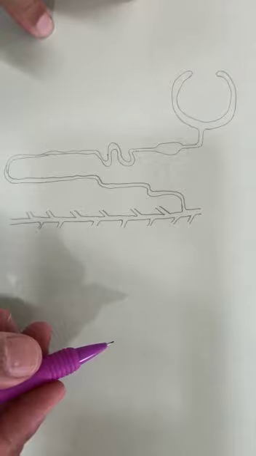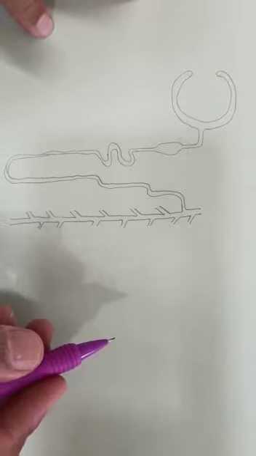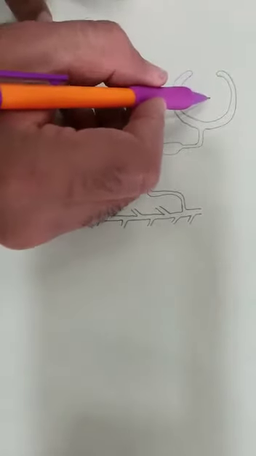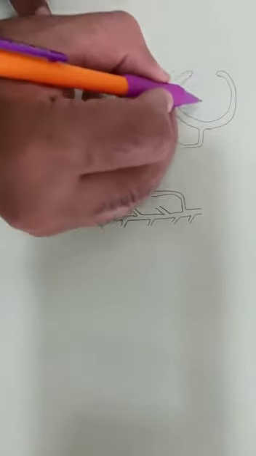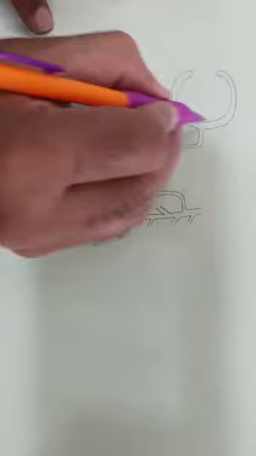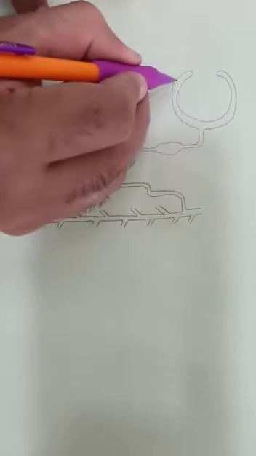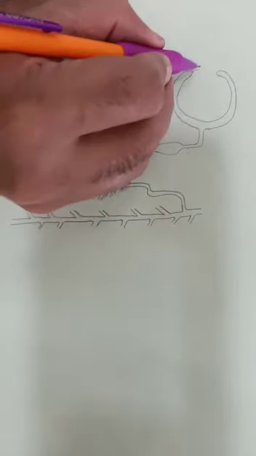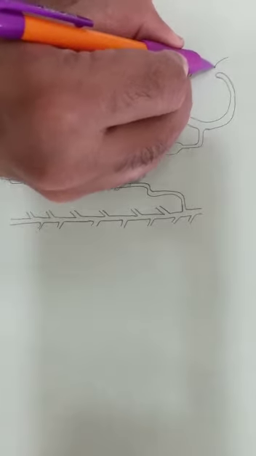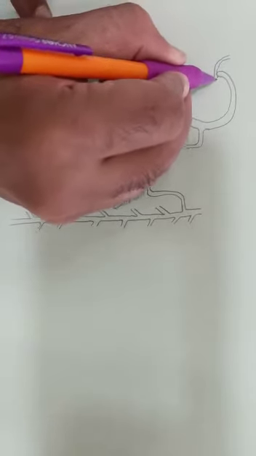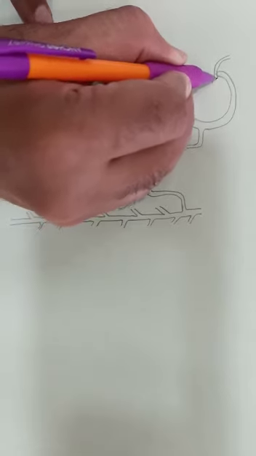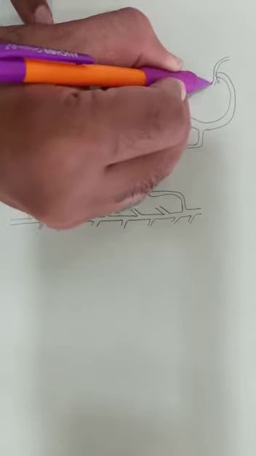From kidney the blood goes to the glomerulus apparatus. What is glomerulus apparatus? It is a filter inside the Bowman capsule. This cup shaped structure is called Bowman capsule. Inside the Bowman capsule there is a glomerulus apparatus. This is finally divided into the branches.